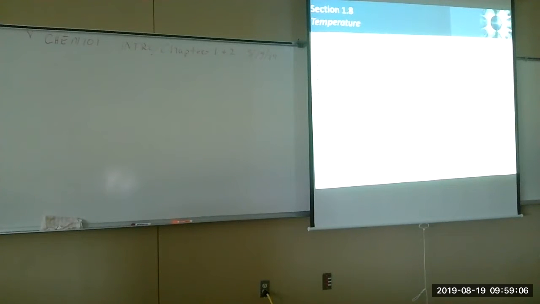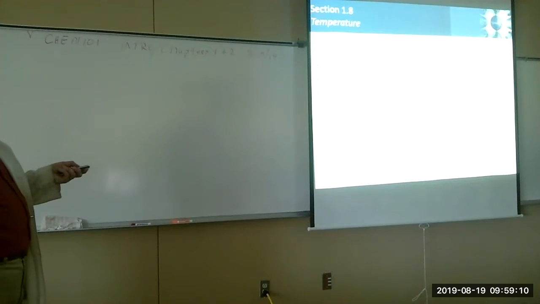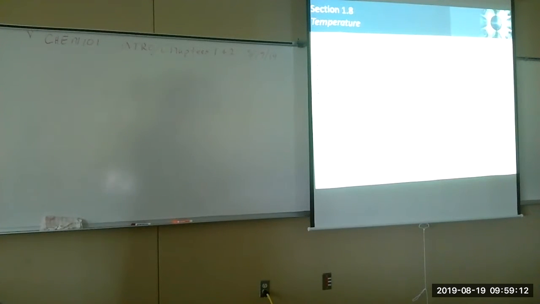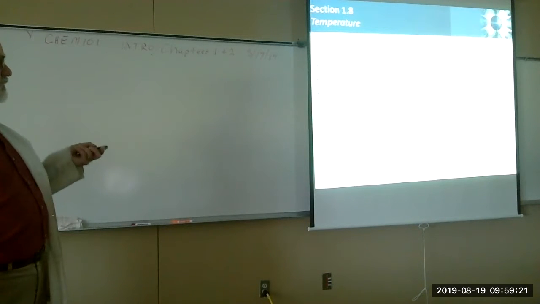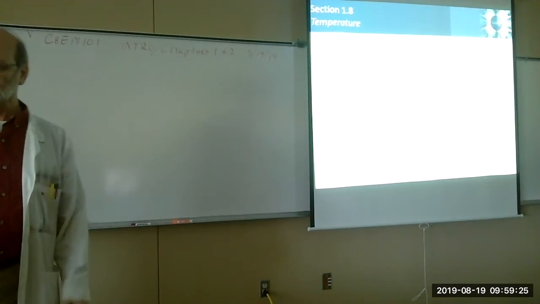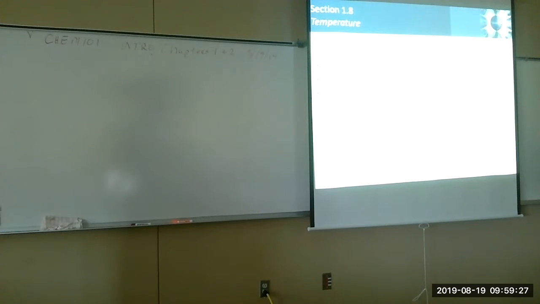Okay, I mentioned temperature. Kelvin is the SI unit. But we don't always have it, and we never measure temperatures in Kelvin. There's no thermometer made that measures in Kelvin. It's either measured in Fahrenheit or Celsius, centigrade. They're synonymous.